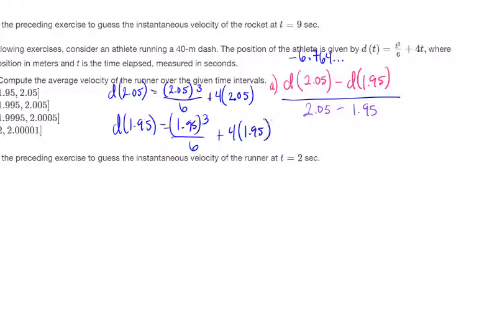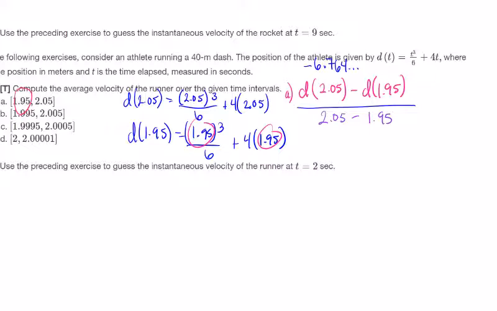I'm just putting 1.95 in for x. And that gives us negative 0.3851, etc.